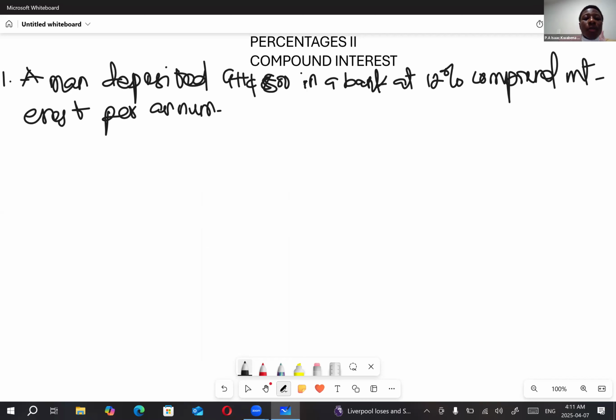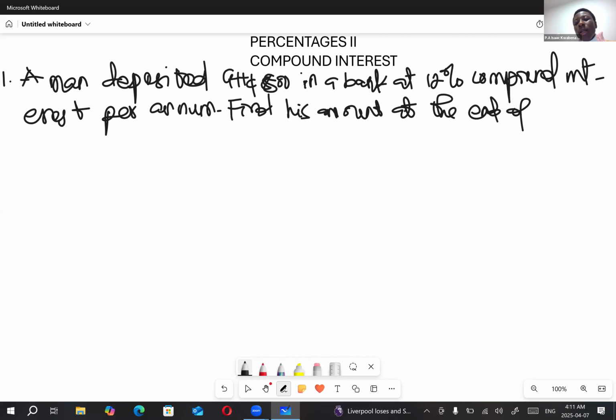Oh, okay. Fine. Amount at the end of the third year. Compound interest.